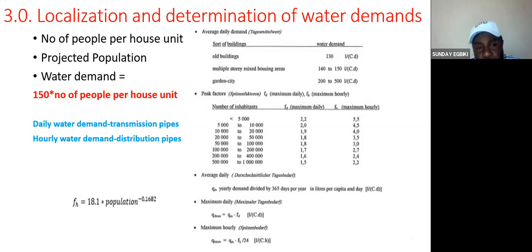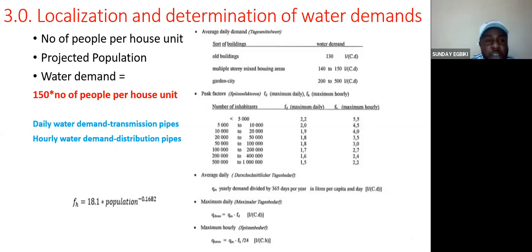Now, the transmission pipe and the distribution pipe are not supposed to be the same diameter. The transmission pipe will be larger than the distribution pipe. That is the only way you can always have water in the reservoir. But if they are the same, a point will come that the tank will be empty.